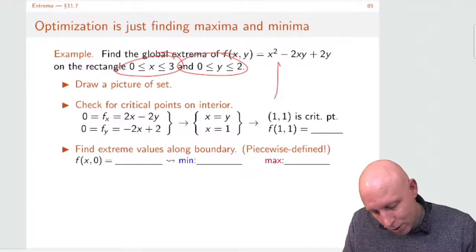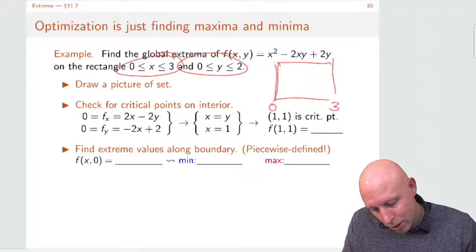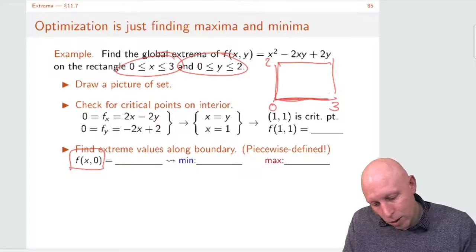Let's do the first bit of this. What do we say? We have 0 to 3, 0 to 2. So let's do this part of the boundary where we let y be equal to 0. We're only going to care about this part of the boundary from 0 to 3.